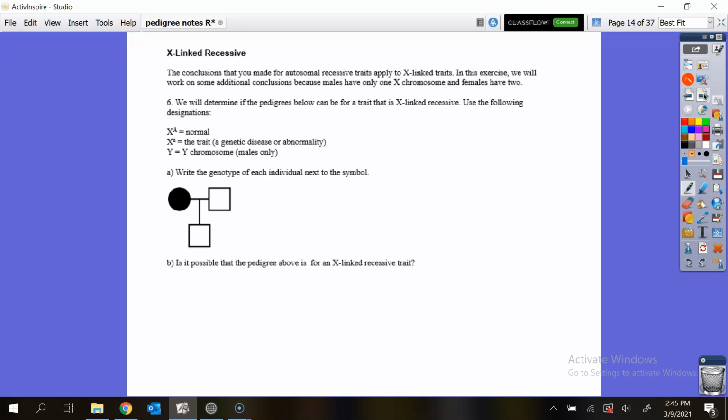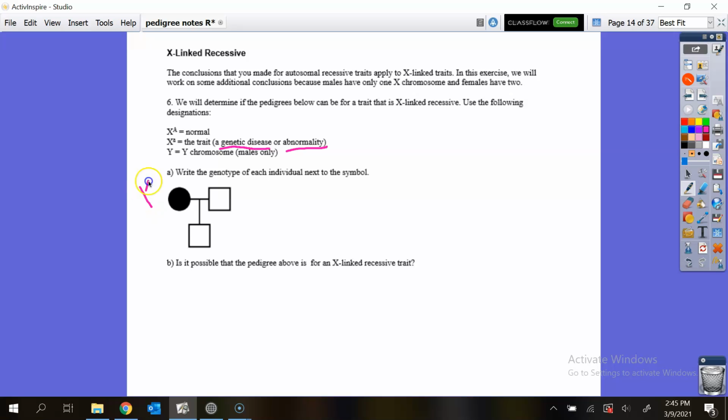So we will determine if pedigrees can be for a trait that is X-linked recessive. Use the following designations: a big A for normal, a little a for having the genetic disease or disorder or the abnormality. And remember, for sex-linked, it's very important to use the sex chromosomes.